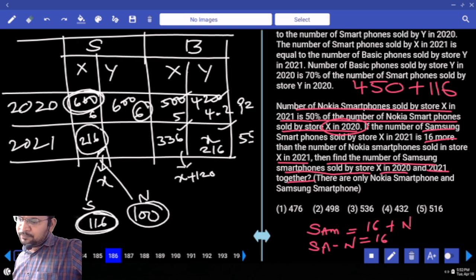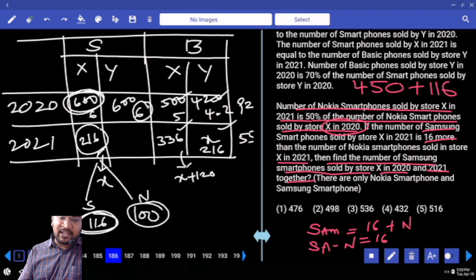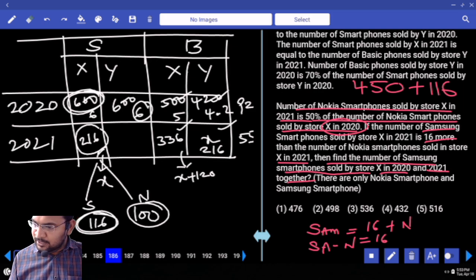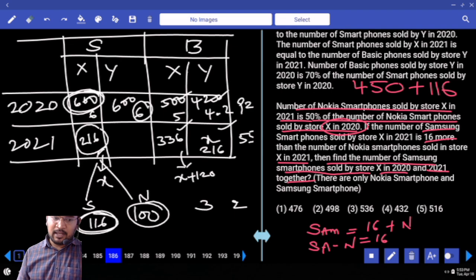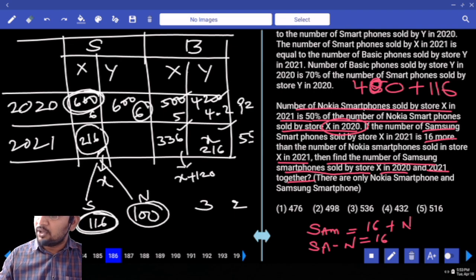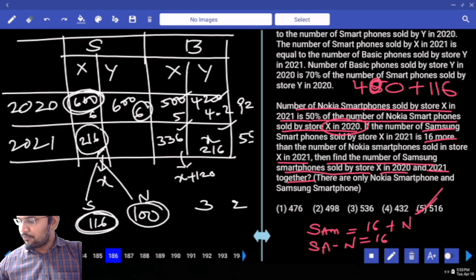50% more. Here it is 100, 2020. Wait, we have taken it in reverse. Just wait. So 2020 is 2 parts, 3 is how many parts? 3 parts. Then you will get 200 Nokia mobiles, 400 Samsung. Then together is how much? 5 and 6.